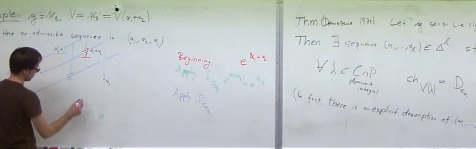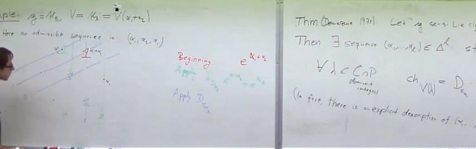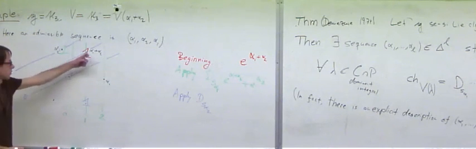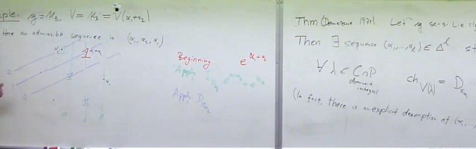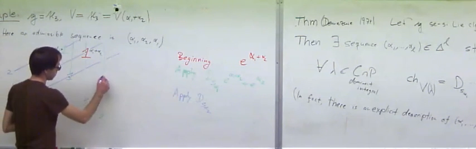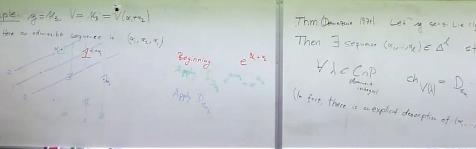So I get a 1 here and a 1 here. This one is on the 1 hyperplane, so it just produces 1 successor in the minus alpha 2 direction.